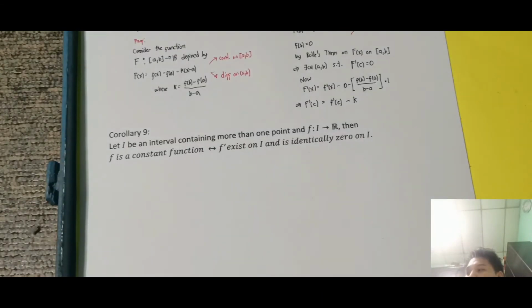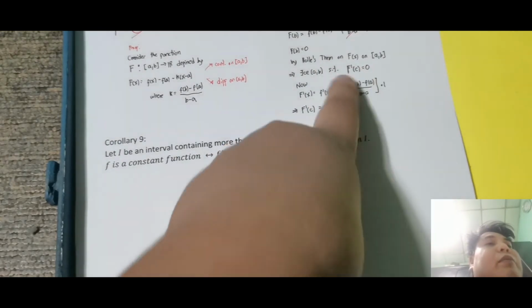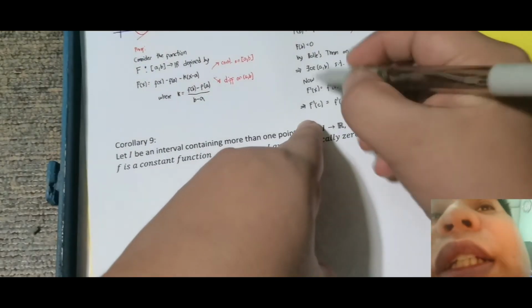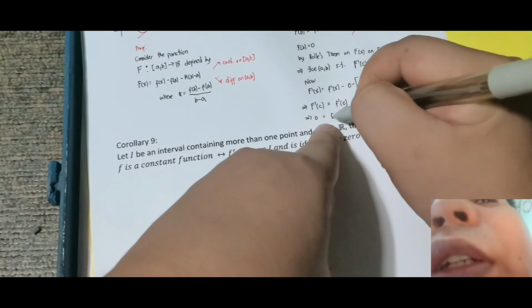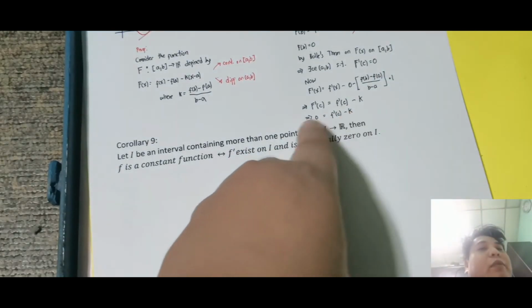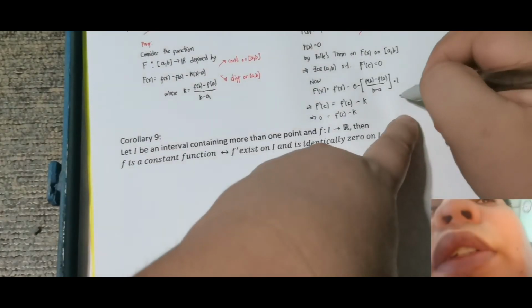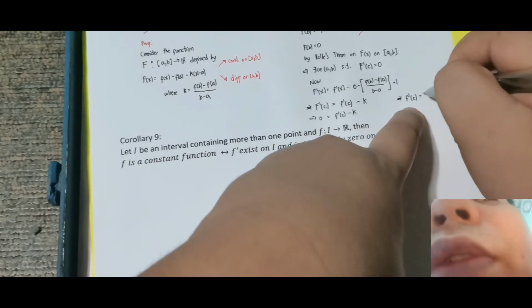What's next? By Rolle's theorem, capital F prime of c is 0. So this implies 0 is equal to f prime of c minus k. Let me transpose the k, so f prime of c is equal to k.